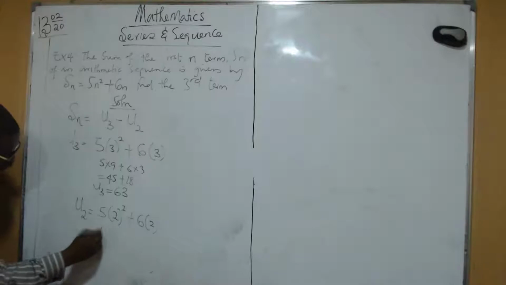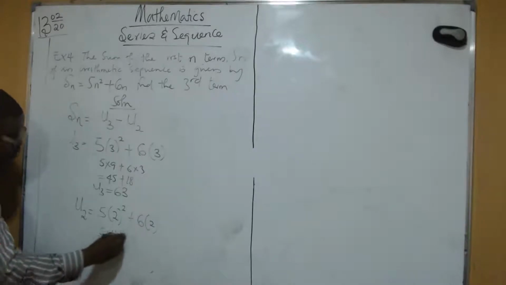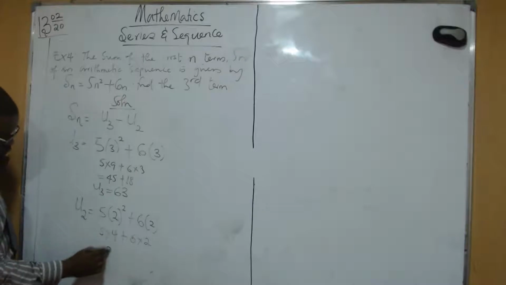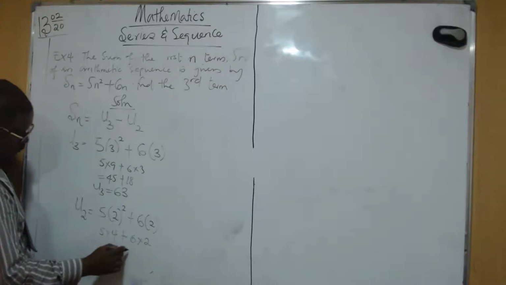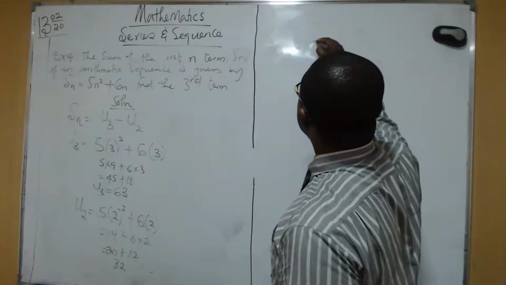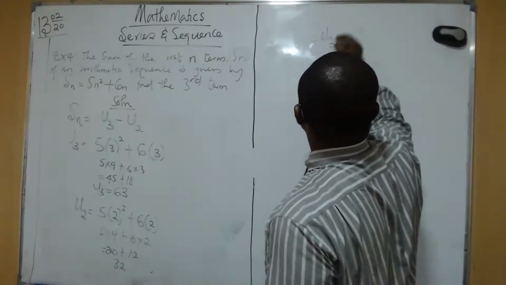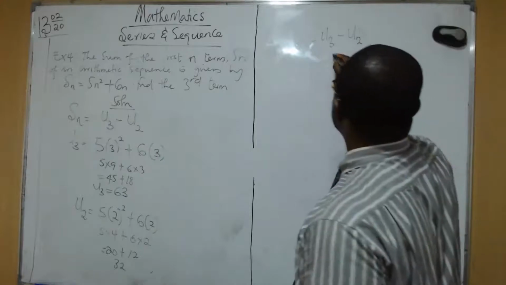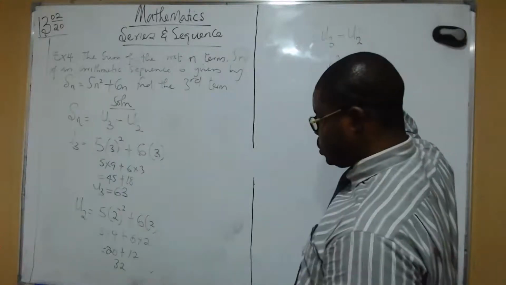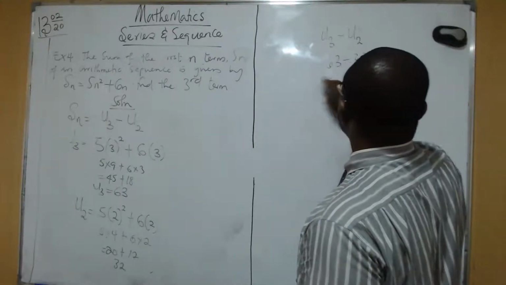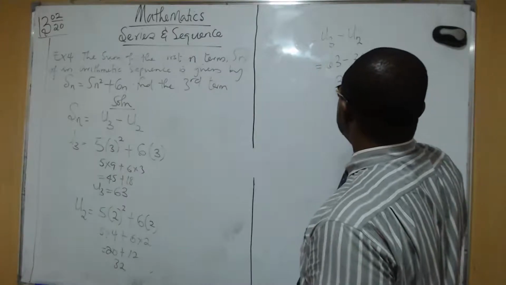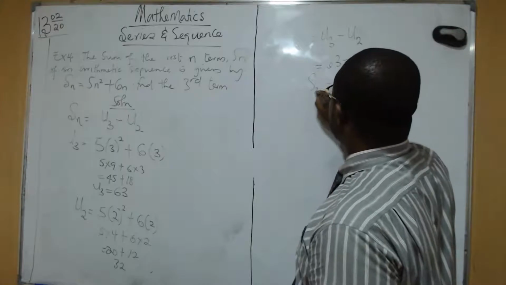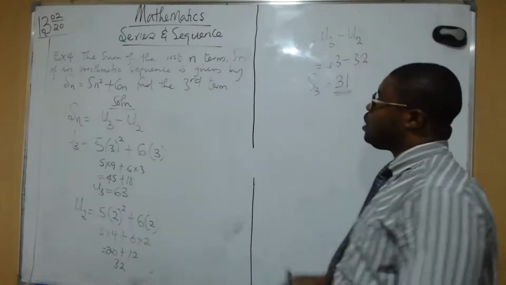So here we have 5 times 4 plus 6 times 2. 5 times 4 will give us 20. Recall the third term minus the second term. The third term we have 63 minus the second term, 32, and that will give us 31. So that will be the answer for the third term.